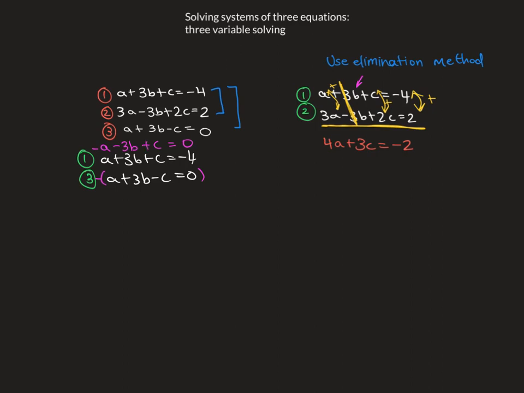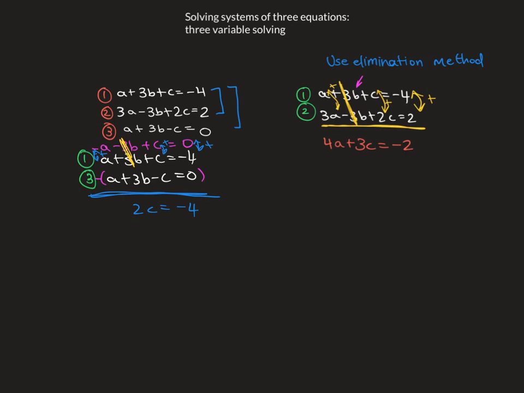Now we can cancel out the 3b's, and then just add them together. A plus minus a is 0, so nothing there. The b's got canceled out. C plus c is 2c, and minus 4 plus 0 is minus 4.